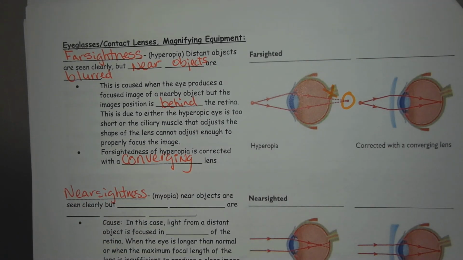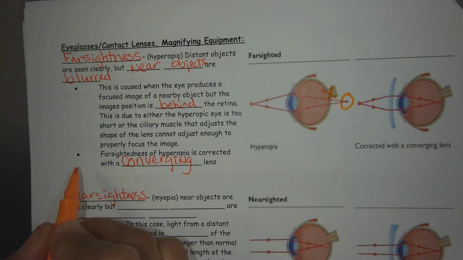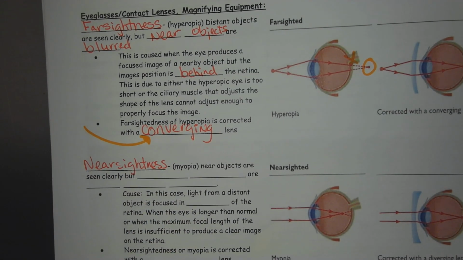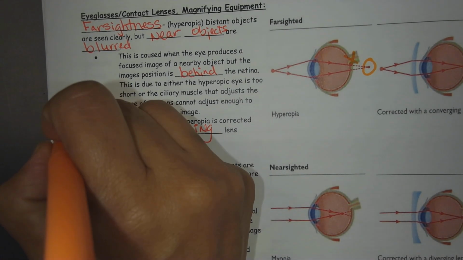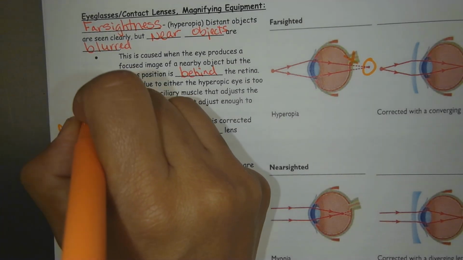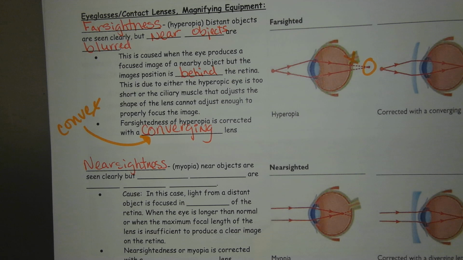Oh, what type of lens is that? Converging. We should know because we have a test tomorrow. But just in case you don't know, a converging lens is going to be convex. Okay.